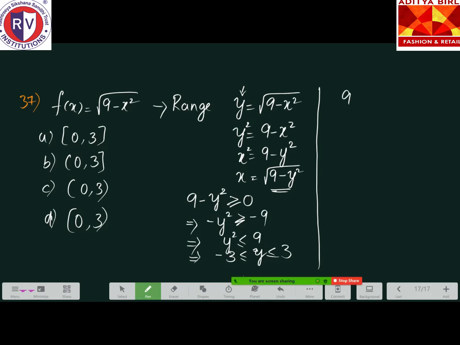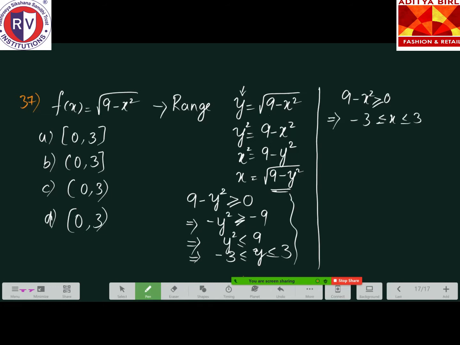See here, I'll take this 9 minus x square. Since it is under root, this has to be greater than or equal to 0. Same like this. Here we get minus 3 less than or equal to x less than or equal to 3. That is, x belongs to the closed interval minus 3, 3.